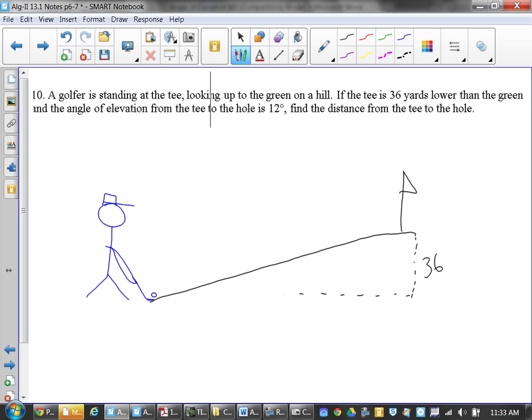The angle of elevation is 12 degrees. What distance are you trying to find, the horizontal distance or the hypotenuse? If you're hitting this, are you going to hit the ball underground? No. So you're finding the distance. You want to hit the ball and go, whee! So that's the opposite, and you're trying to find the hypotenuse, so this way you have to use sine.